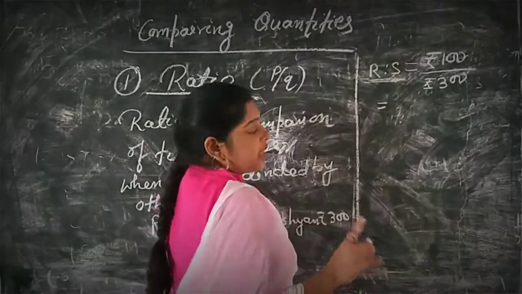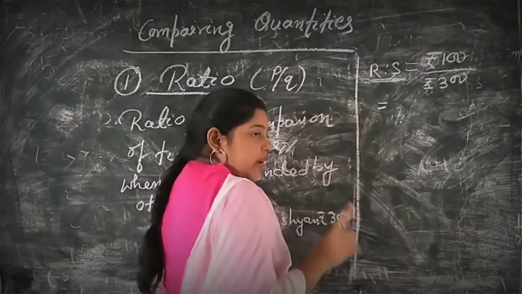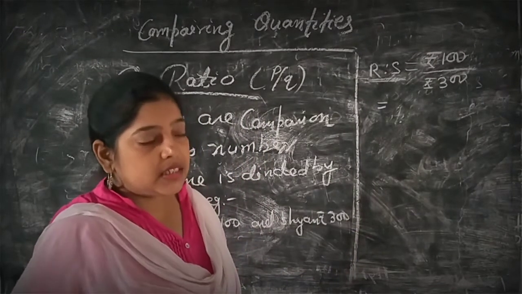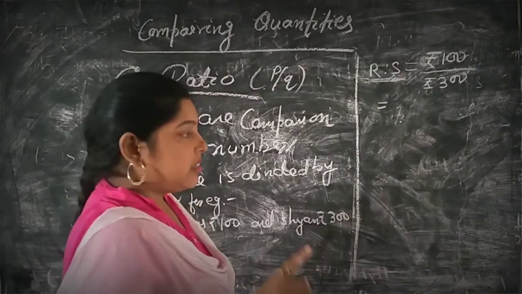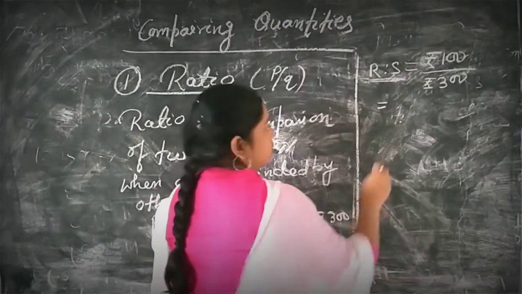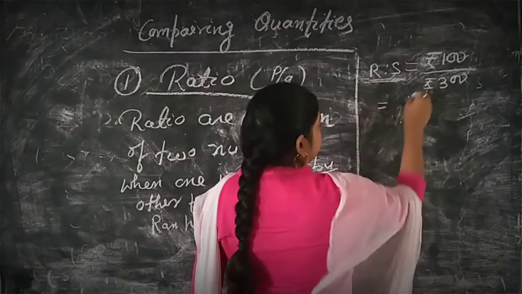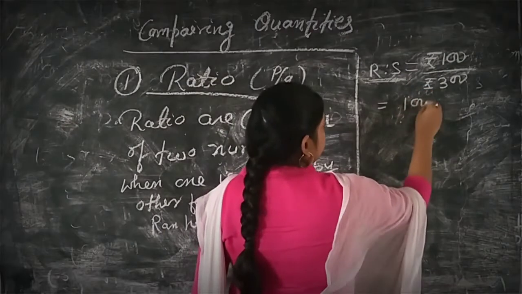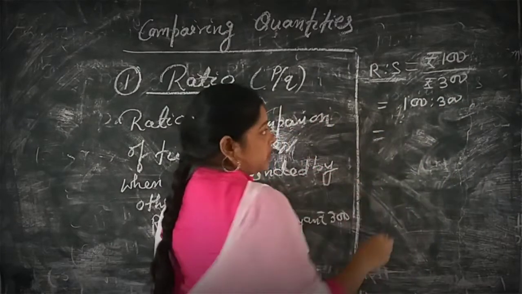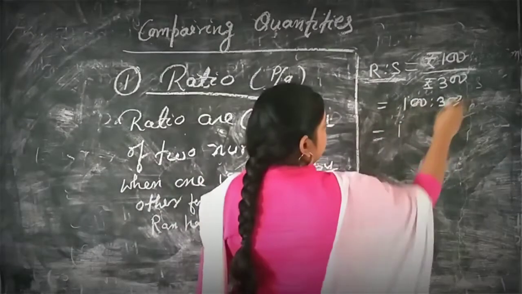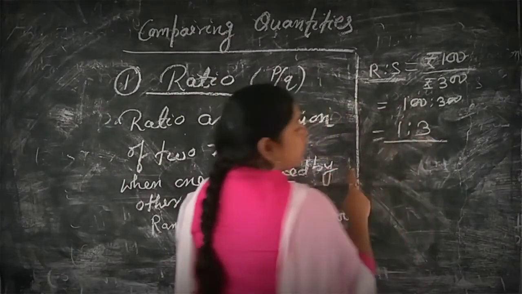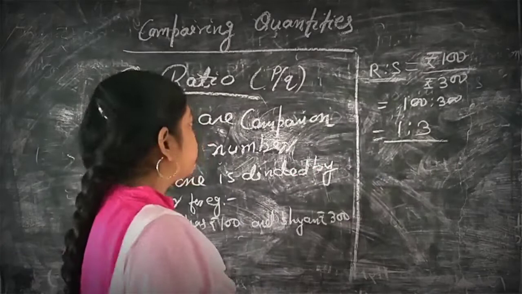So first we convert them into the same unit. Now we write 100 is to 300 and we reduce the terms. We write 1 is to 3. This is called the simplest form of this amount.